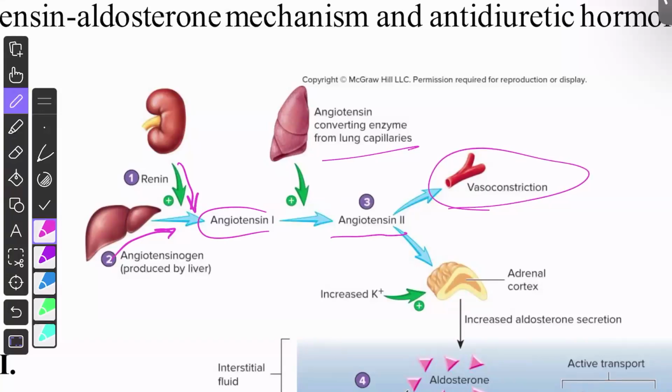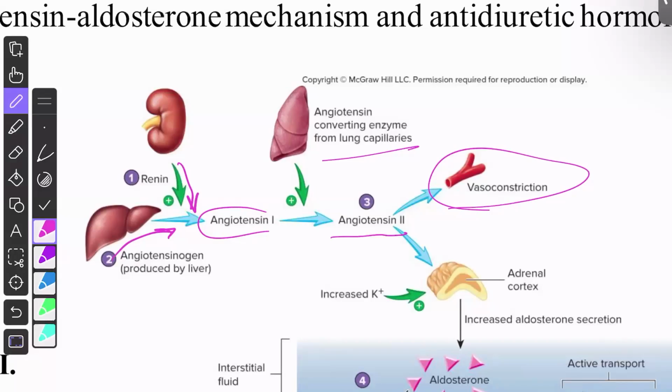So angiotensin 2, which is produced outside of the kidney, is going to cause vasoconstriction, which is going to reduce the size of those vessels, which is going to raise the blood pressure. Does that make sense? Is this all starting to come together? Yes, no, maybe a little.